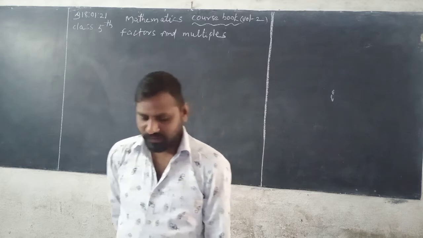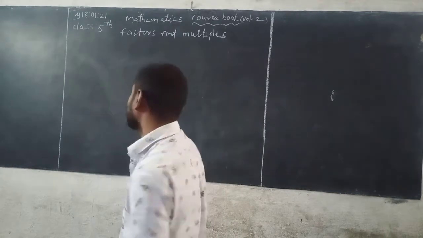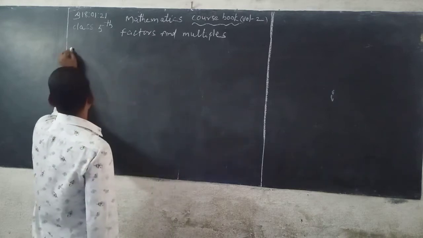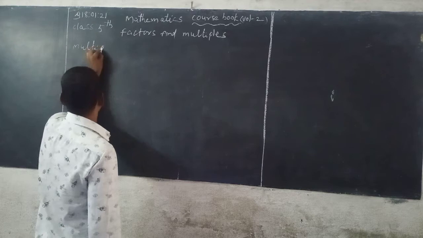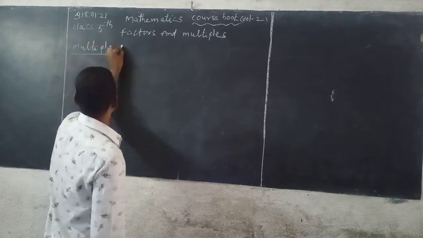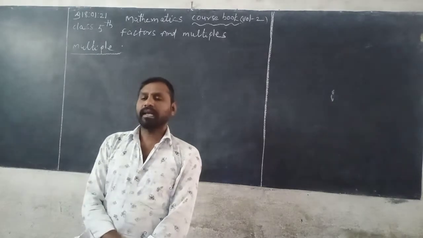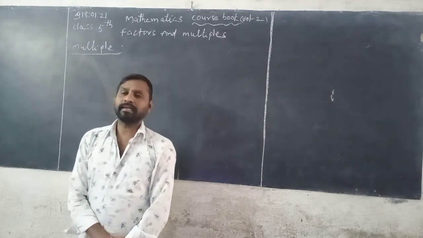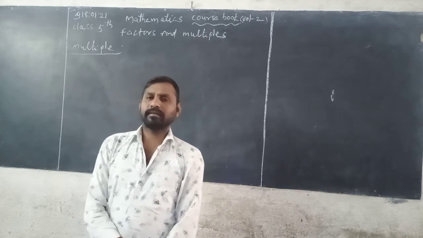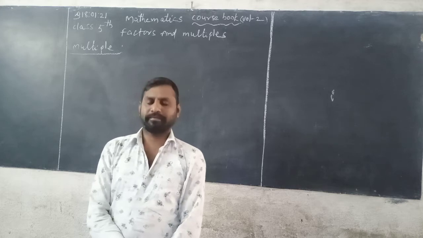First, today we discuss multiples. What is meant by multiple? A number obtained by multiplying a number by another is called a multiple.